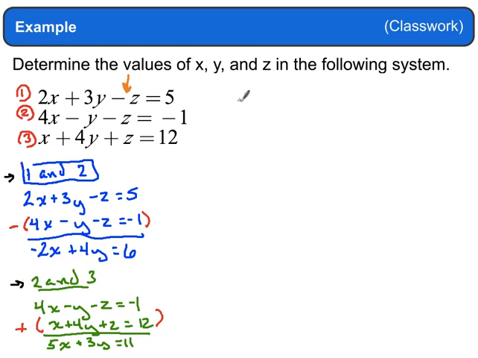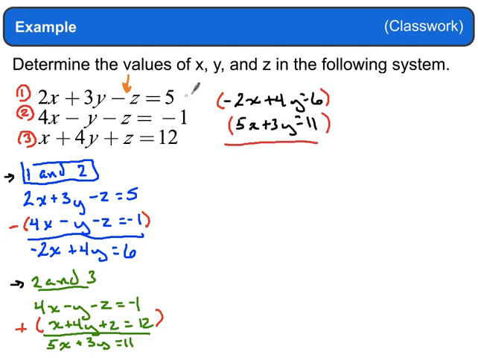And so now we're going to take those results, which is negative 2x plus 4y equals 6, and 5x plus 3y equals 11, and we're going to solve for x and y like we traditionally would. And so you just kind of make your choices. I'm going to choose to eliminate the x's in this case.